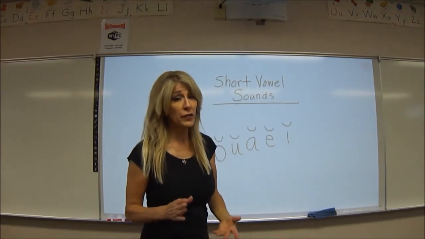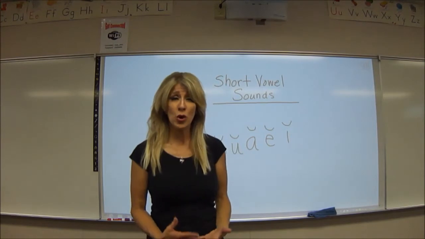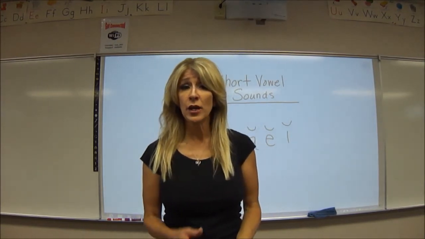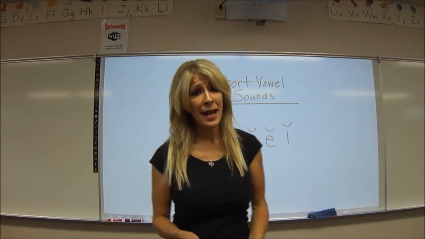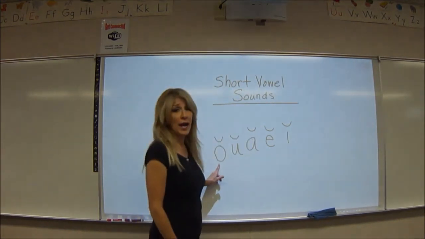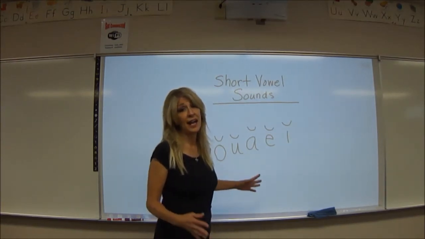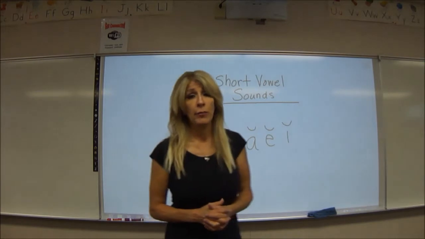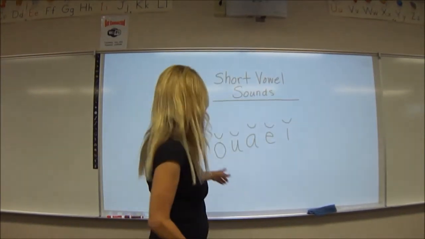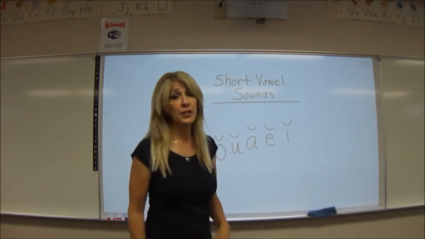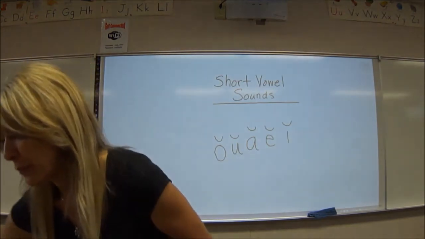Today we are just focusing on short I, but in order to do that, we need a quick review about short vowel sounds. Now normally we write the vowel sounds in the order of A, E, I, O, U. But for learning how to pronounce the short vowel sounds, we start with short O, because really it's all about the tongue position.